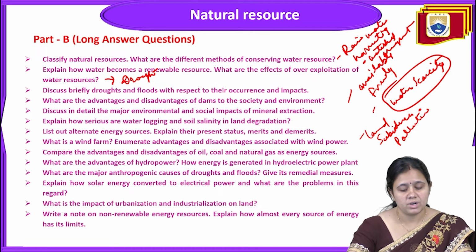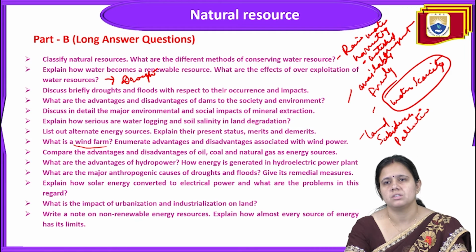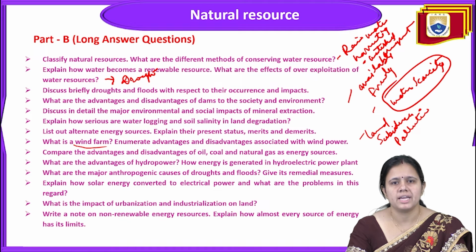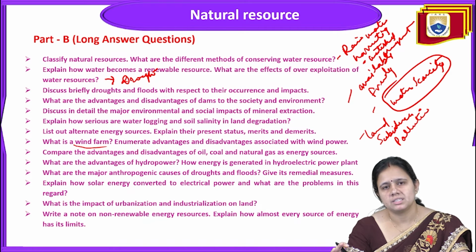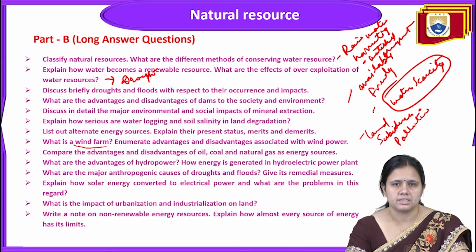Next is: what are wind farms, and what are the advantages and disadvantages associated with wind power? A wind farm is a big area that has been equipped with wind turbines, and the turbines collect wind energy and convert the kinetic energy of air into electrical energy.